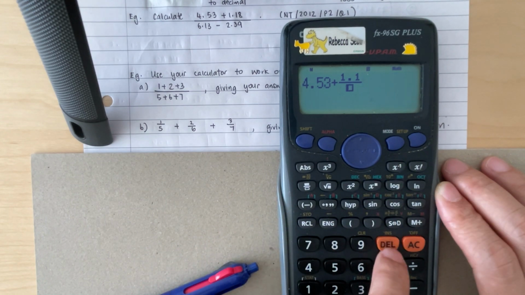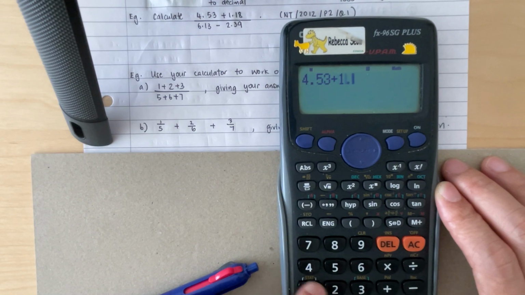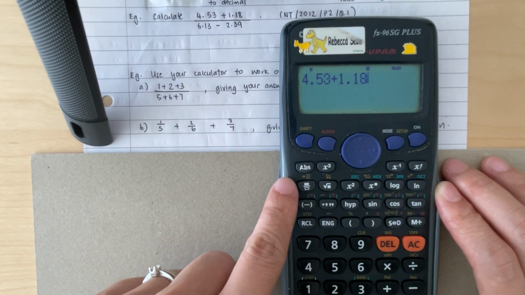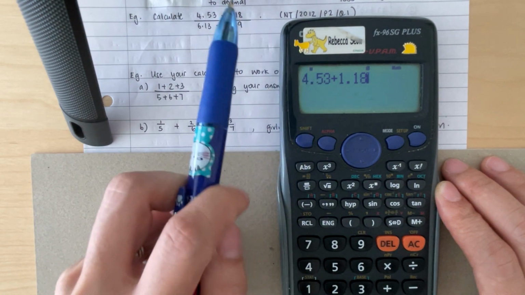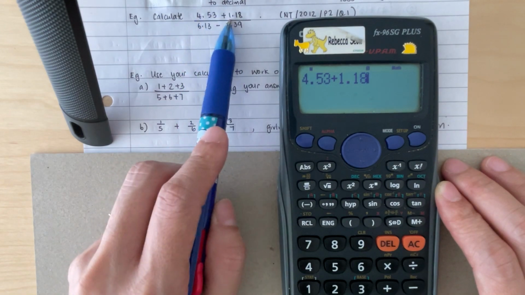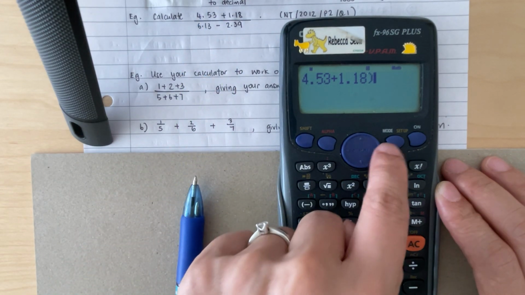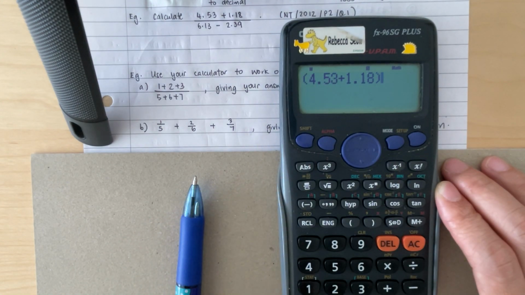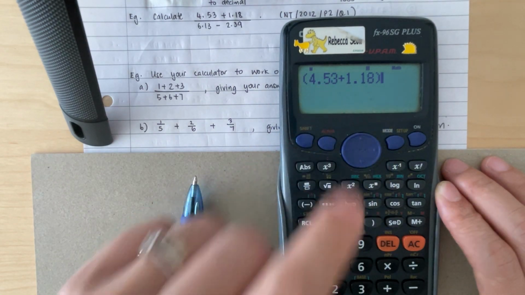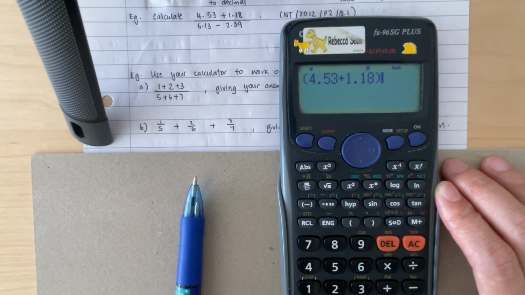Well, instead of pressing the fraction button over here, what I need to do first and foremost is to group whatever is in the numerator into one set. So I'm going to make use of the bracket to group this entire expression, and I want to make it the numerator of the fraction.